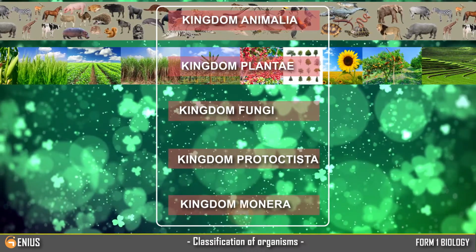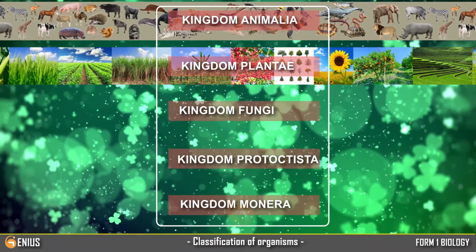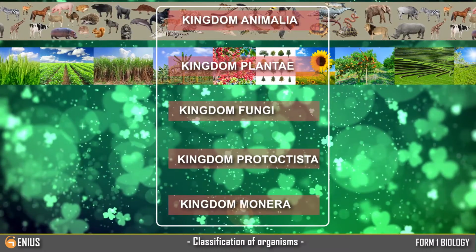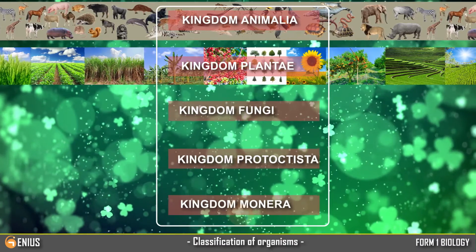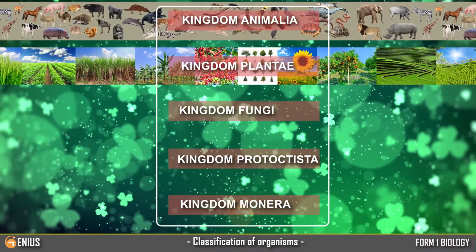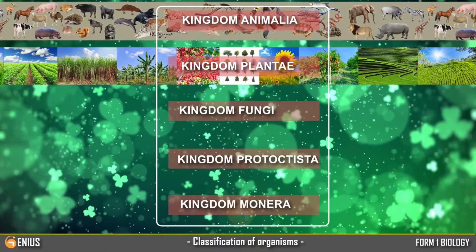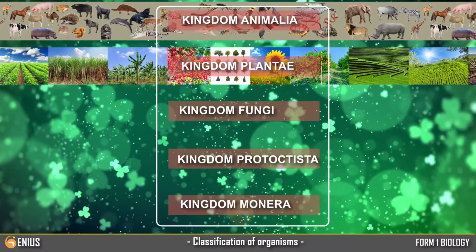Kingdom Plantae. Members comprise maize plants, moss plants, ferns, tea plants, coffee plants, banana plants, wheat plants, garden pea, pine, meru oak and many others.